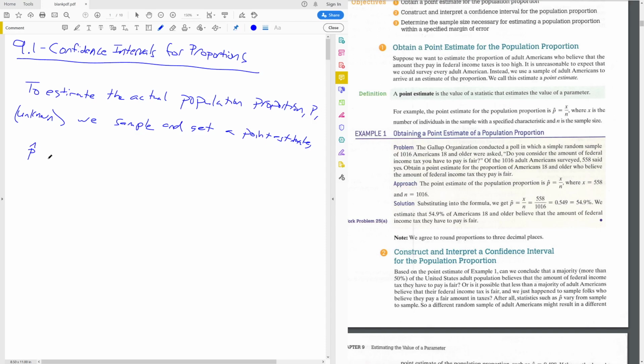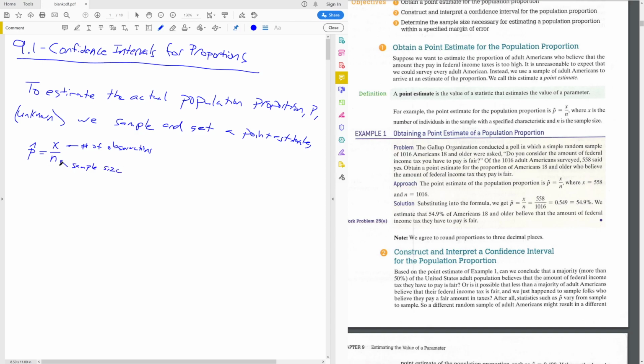This is our sample proportion, and it's just the number of observations divided by our sample size. This would be the number of observations or successful responses, however we want to determine that, and this would be our sample size.